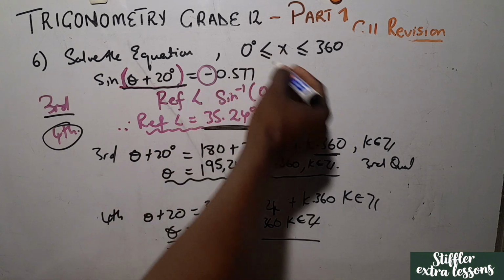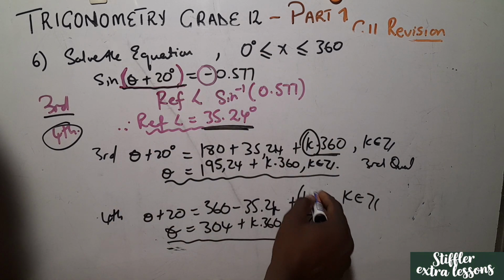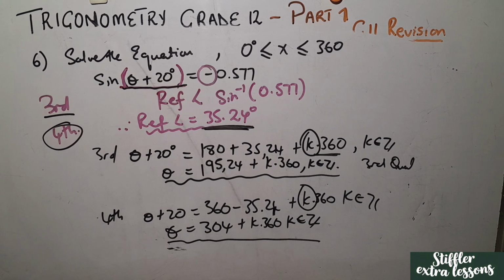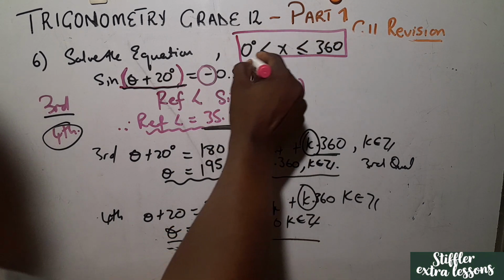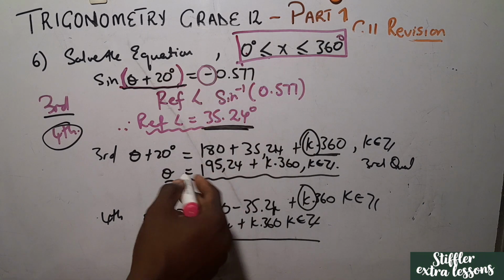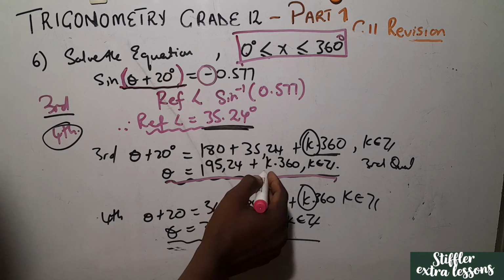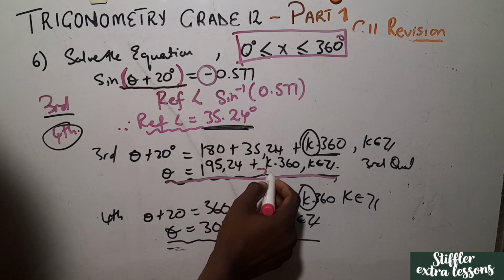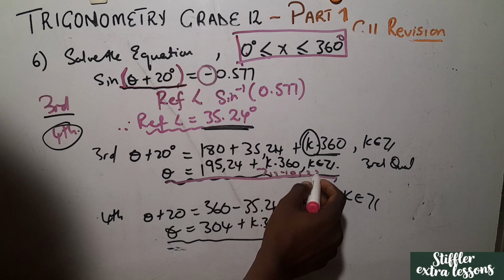On solving the equation, you remember we were just placing k as the integers. So after finding your general solution, you check your restriction. They said my angle must run between 0 and 360 degrees. So I'm going to take this solution in the third quadrant and substitute the integers from -3, -2, -1, 0, 1, 2, 3, right?